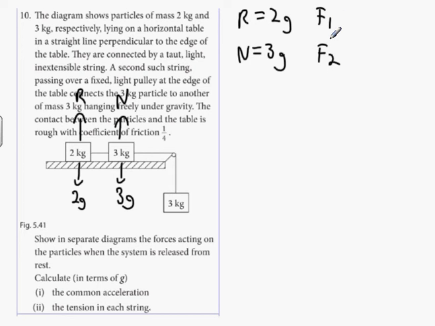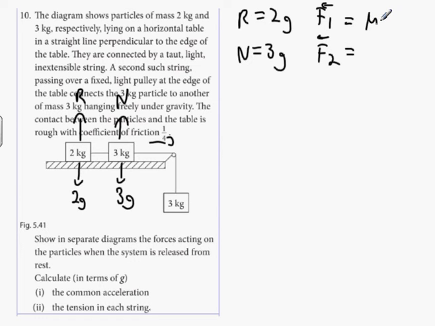What direction do friction 1 and friction 2 have to go in? Friction has to oppose the motion, so it's got to be to the left. Friction 1 and friction 2 have to oppose the acceleration, which means they're going to the left.